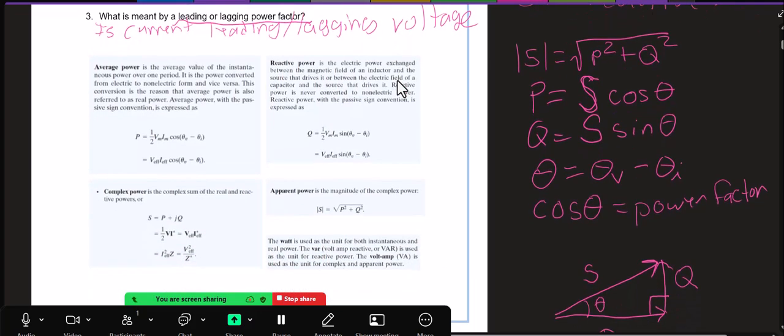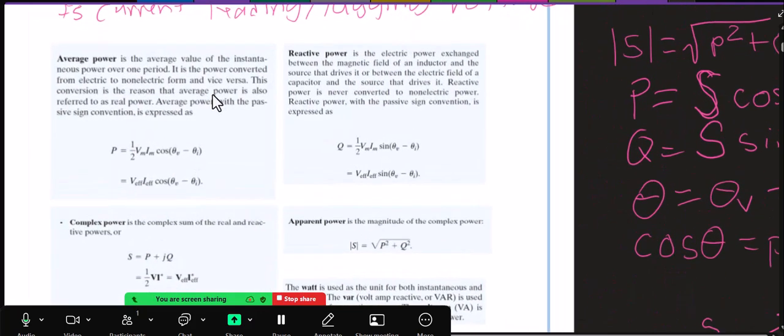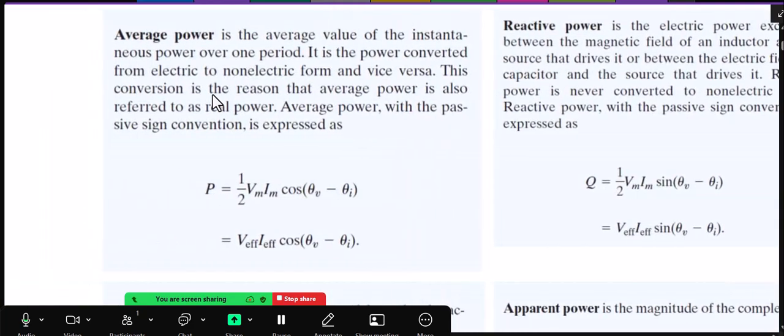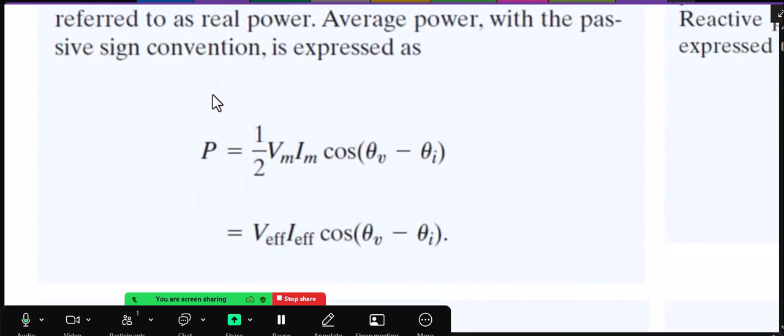Okay, so here I have just some definitions so you can have for your reference. I kind of liked these. The book I got these from uses V effective instead of V RMS and I effective instead of I RMS.